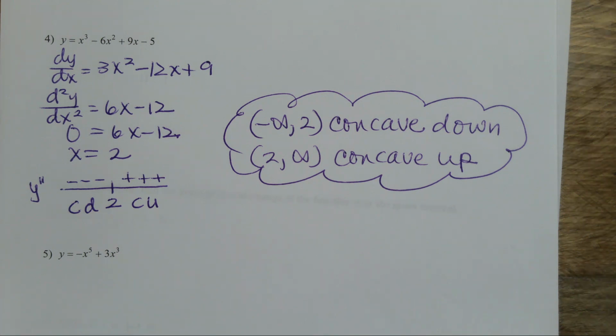Sometimes I'll just do a y instead of a dy dx, and I just write that as y double prime. This is my y double prime chart. This tells the world I'm looking for points of inflection, and then I interpret it as my concave up and concave down. Okay? So, what should we do for homework?